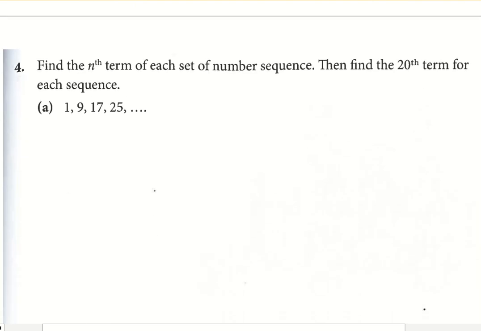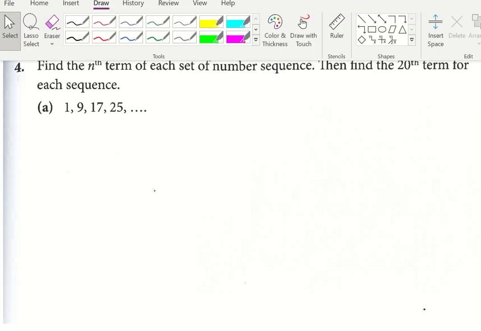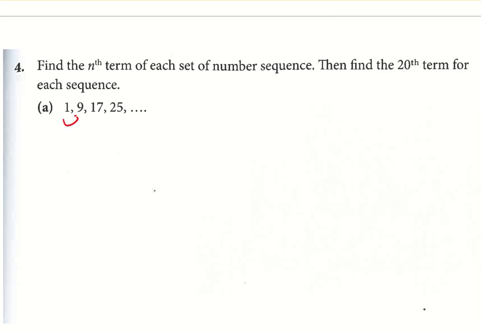And now question 4. So here is where we have to find the formula. It's not given to us, we need to find out ourselves. So same method, our step 1, we need to look at the pattern. Oh, okay, we're going to plus 8. Plus 8, plus 8. So definitely in our formula there is an 8n.